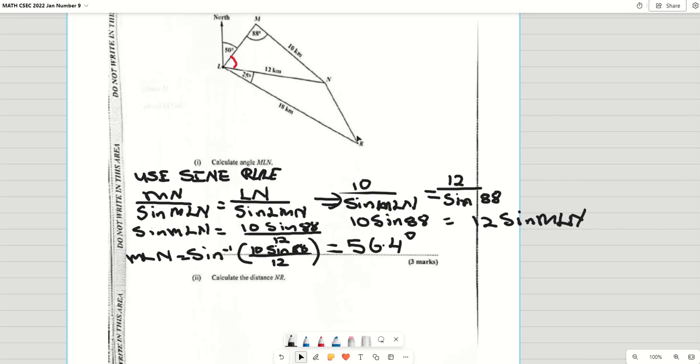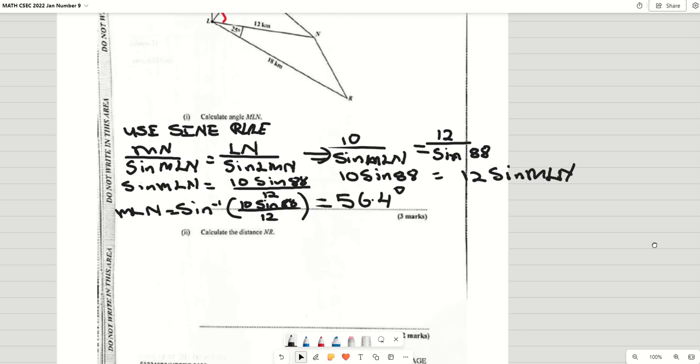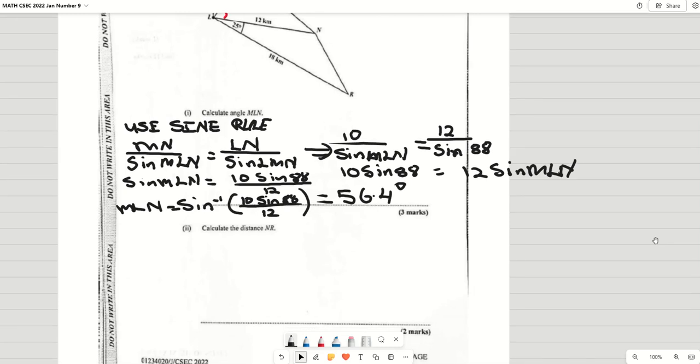NR. Alright, so what do we have here? We have two sides, the included angle of those two sides, and we want the opposite side. So immediately you cannot use sine rule because we don't have two angles. We just have one angle and we have two sides. So when you have an angle and two sides, you would use cosine rule. To get the formula for cosine rule, you look at the side opposite the angle given.